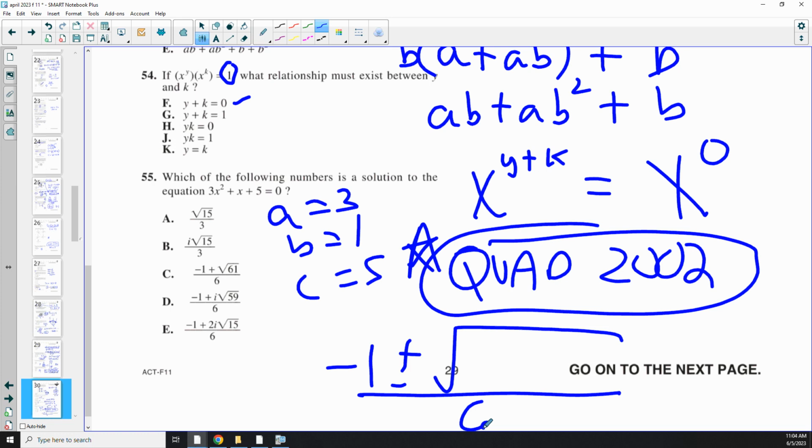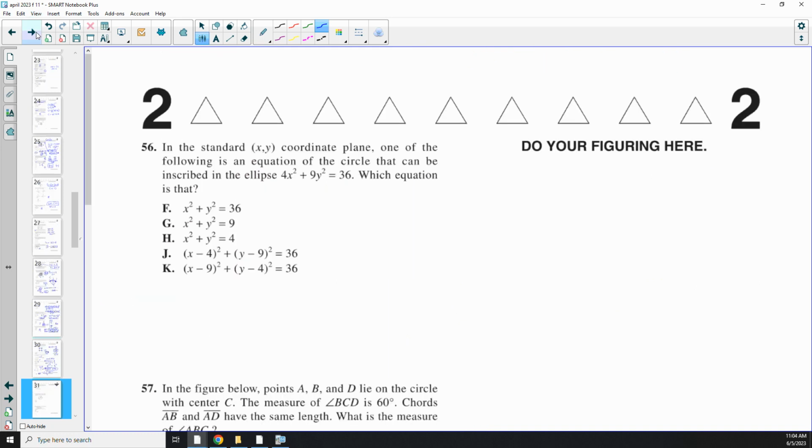And then the B squared would be 1 minus 4 times A times C would be 60, so negative 59. That would have to bring the i out, and I now see the answer is D. Almost done.